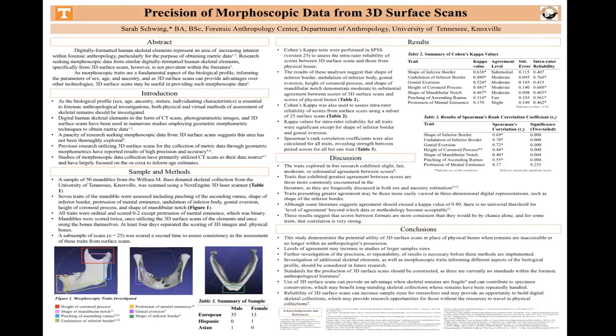So the traits that I looked at that pertain to ancestry estimation here are, actually, I've looked at all of these traits and their utility in ancestry estimation. Those that are more frequently used for sex estimation are going to be gonial eversion, so that's the trait outlined in the middle image.